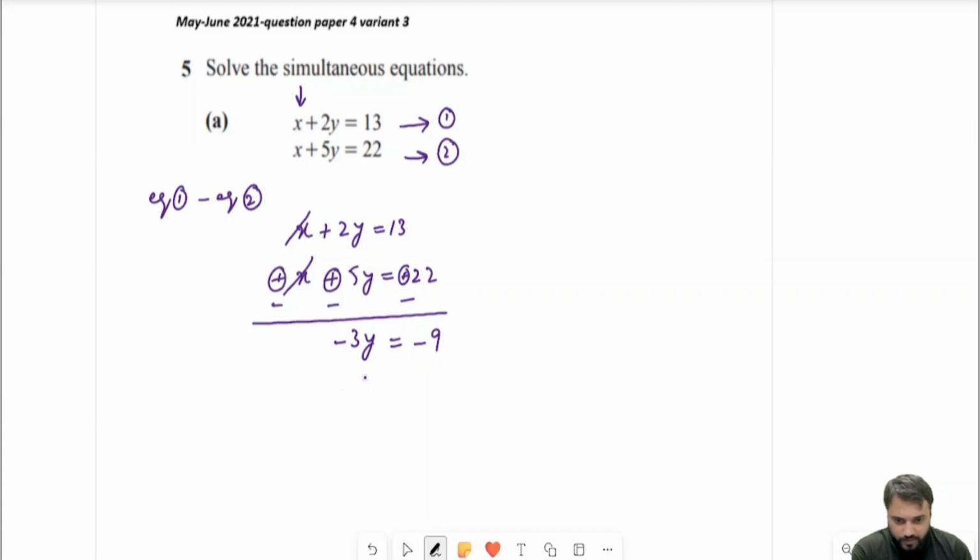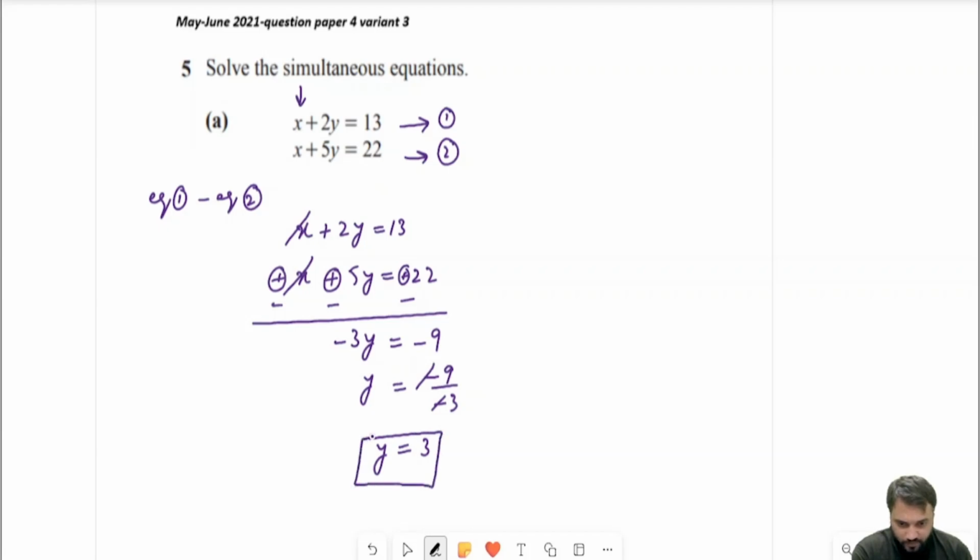Minus 3 is multiplying, so when it moves, it will divide. Minus 9 over minus 3. We can cancel 3 one time, 3 three times, and the minus can be cancelled out. Our answer is y = 3.